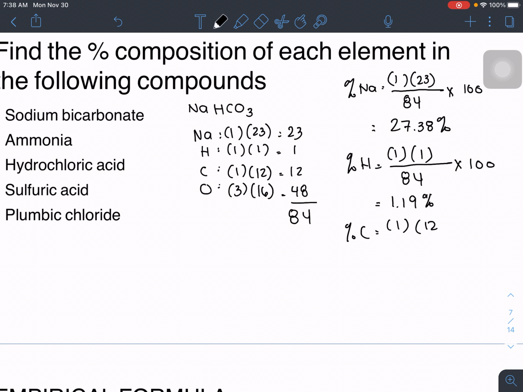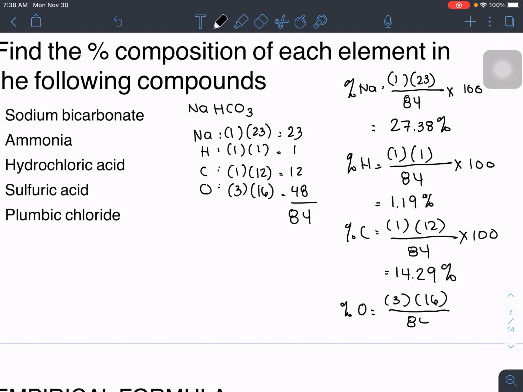The mass number is 12, all over 84 times 100. That will be equal to 14.29%. And for oxygen, there are 3 atoms of oxygen based on the chemical formula, multiplied by the mass number, which is 16, all over 84 times 100.